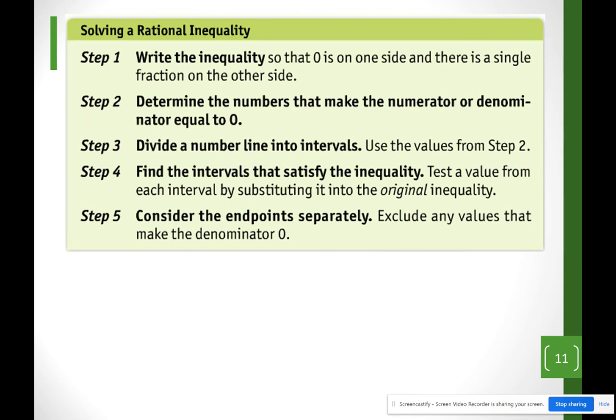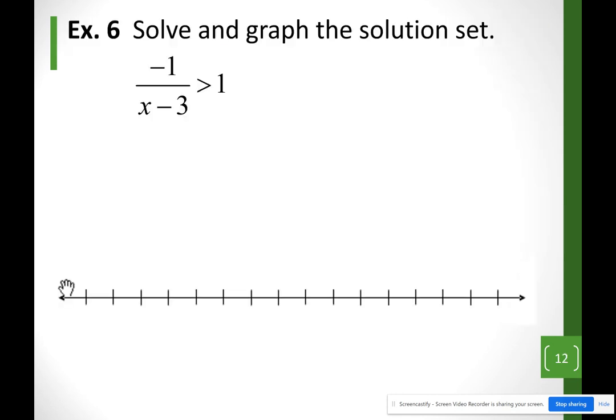Find the intervals that satisfy the inequality and consider the endpoints separately. Okay. Now what this mumbo jumbo said is, make sure one side is equal to 0. So I'm going to write this as -1 over x minus 3 minus 1 is greater than 0.